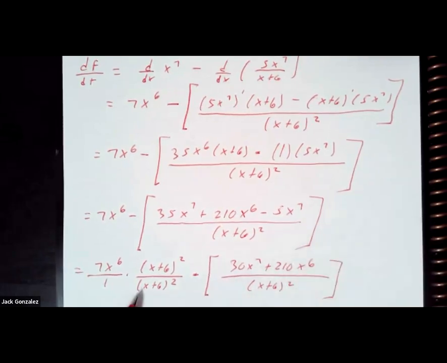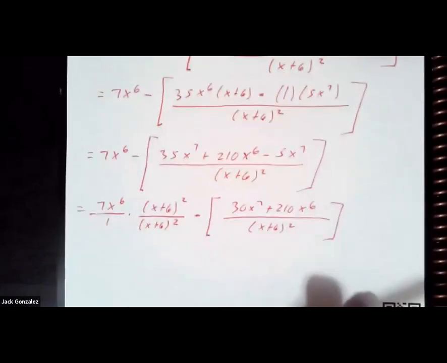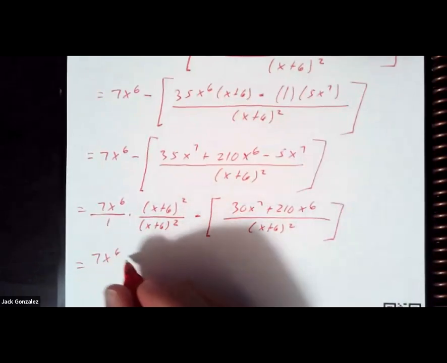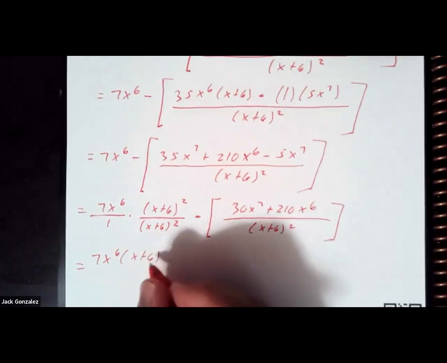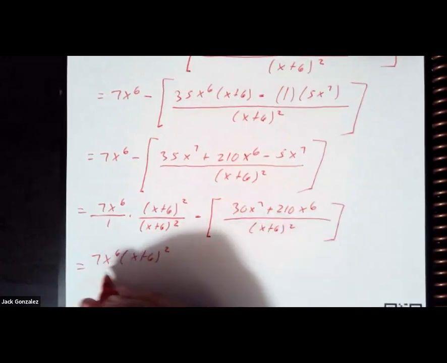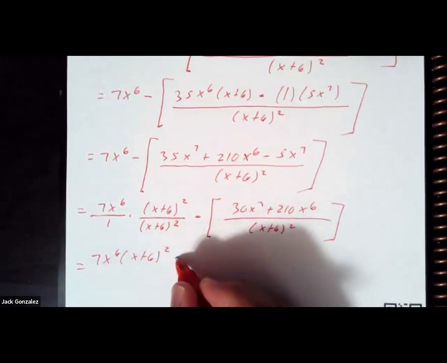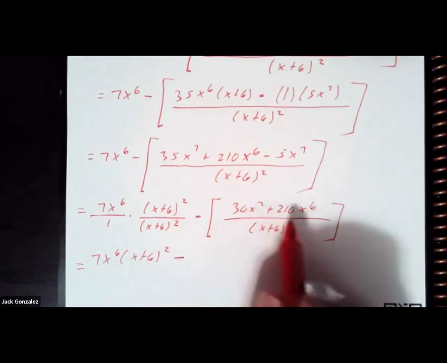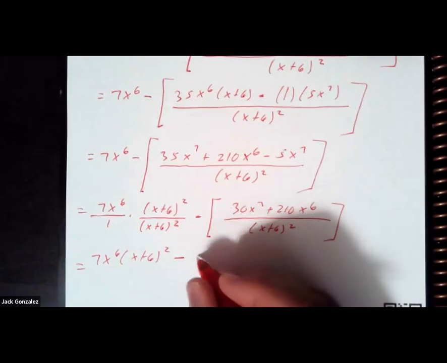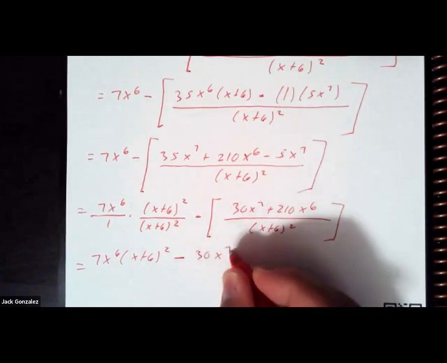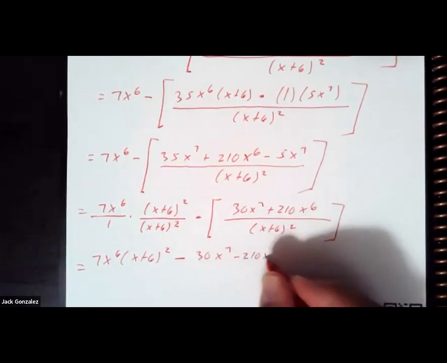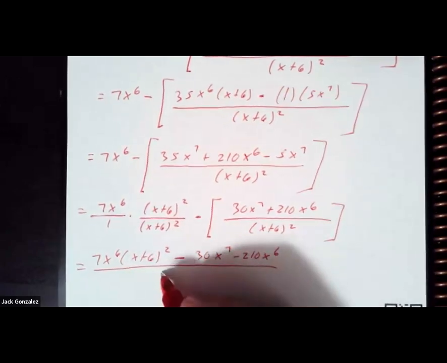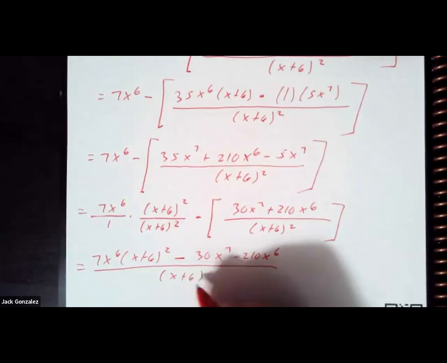So now they'll have the same denominator. So this will be 7x to the 6 times x plus 6 squared minus all this garbage. By minus this, you agree that the signs will switch, right? Yes. I skipped a minor step there.